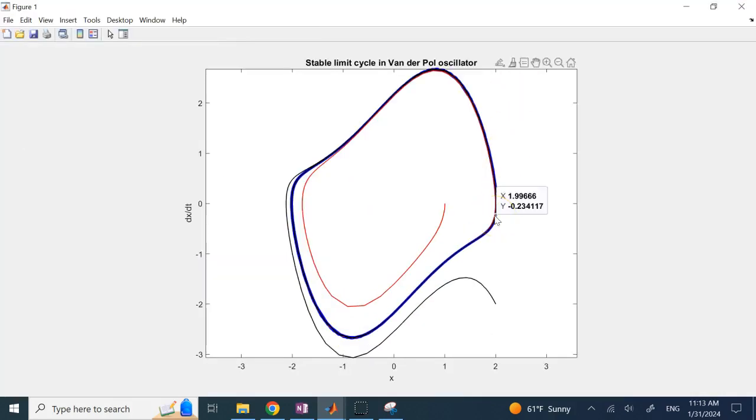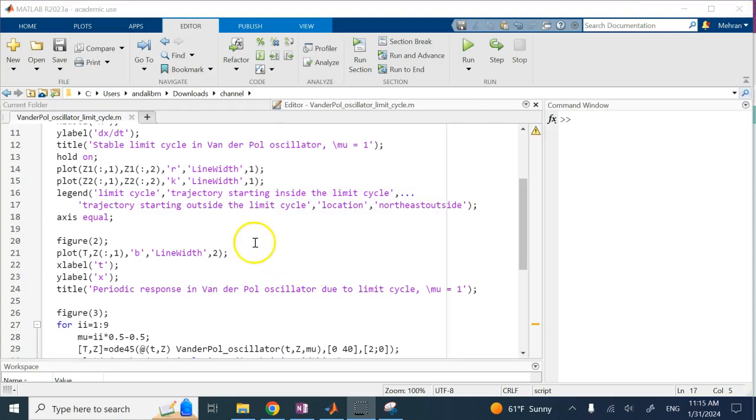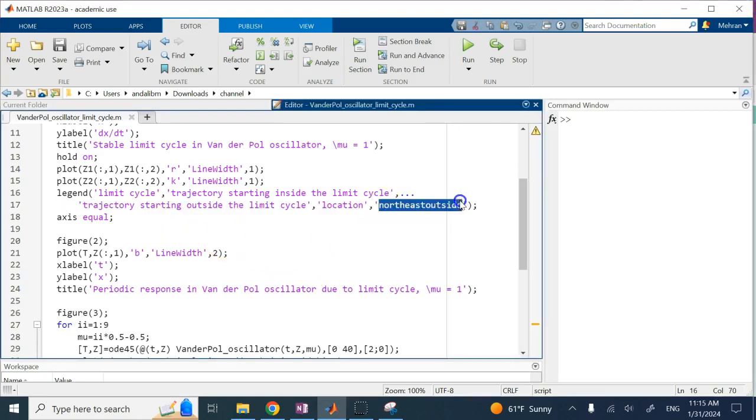This blue curve is your limit cycle. This black one is the trajectory outside the limit cycle converging to it. And the red one is what? The trajectory starting inside the limit cycle and converging to it. Okay, so if you want, I can add some legend to this figure 1. There we go. So you see now, I showed you this extra legend here, and you can put this outside, or in this case, maybe I can put it best.